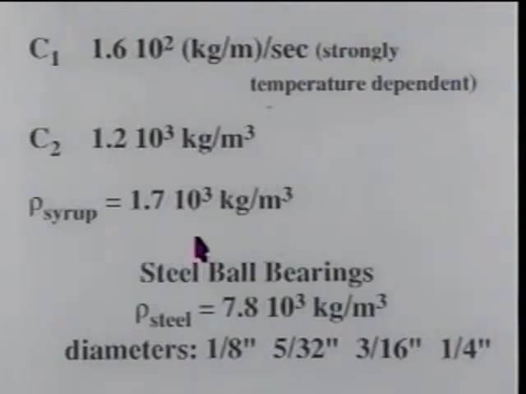I mentioned that earlier. They're very close, not exactly, but very close. These steel ball bearings have a density of about 7,800 kilograms per cubic meter. And I'm going to drop in that Karo syrup 4 ball bearings, and they have diameters of 1/8 of an inch, 5/32, 3/16, and 1/4 of an inch.